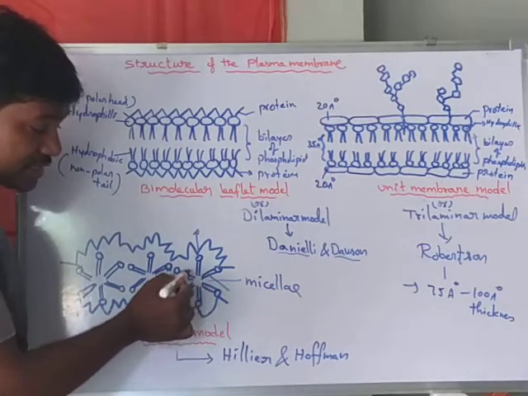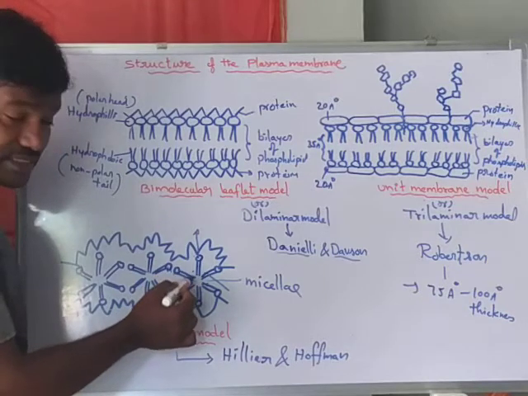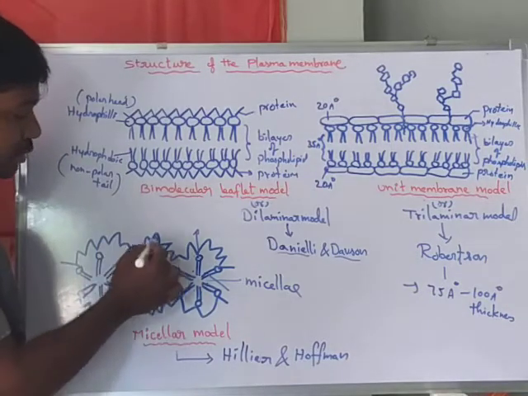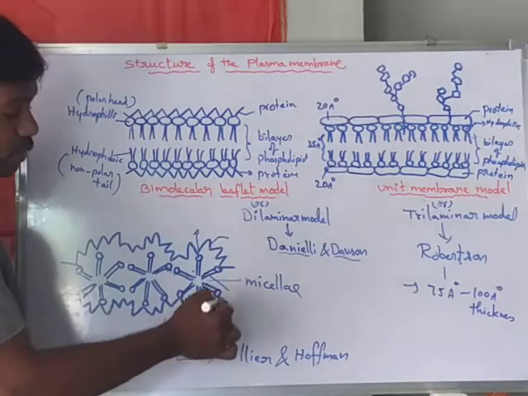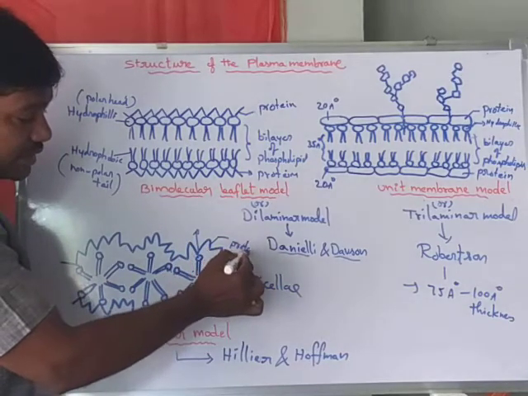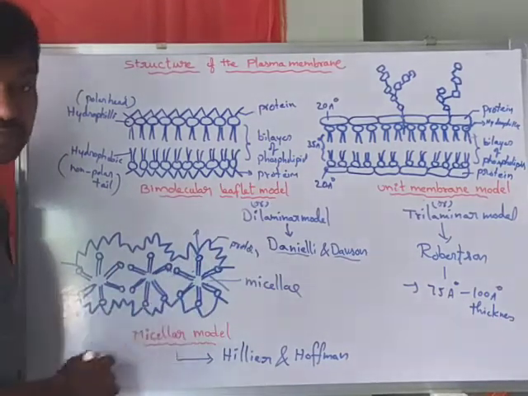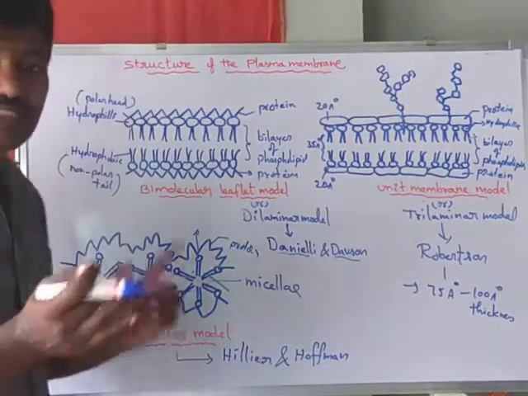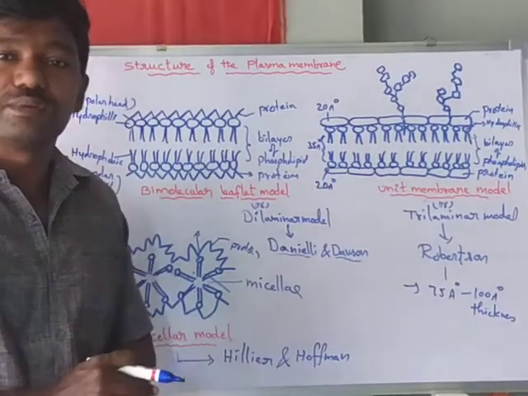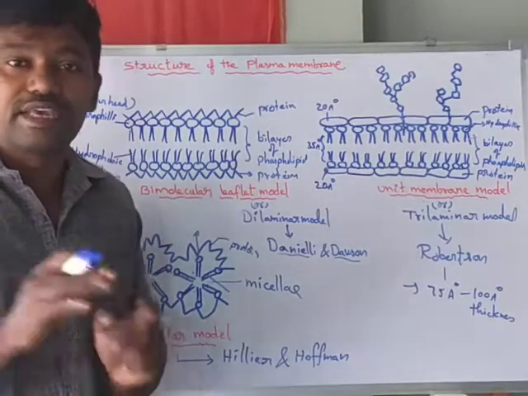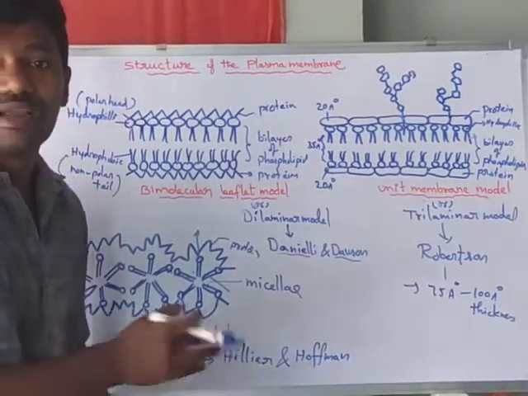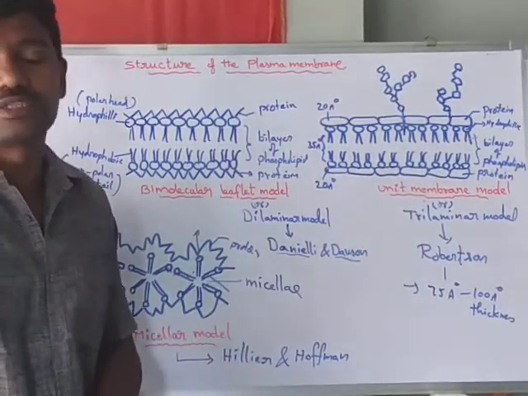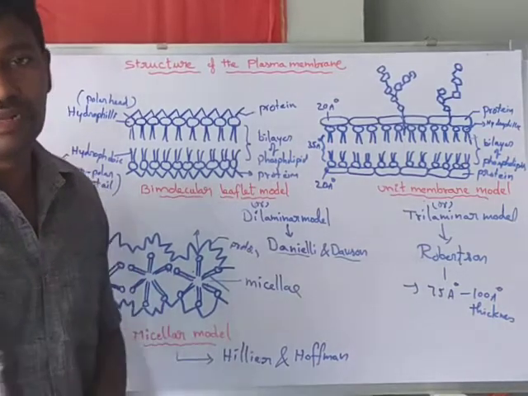This is the protein layer around the phospholipids. But this is also not acceptable, because the plasma membrane is a lamellar model, not a non-lamellar, globular-like structure. So this is also not an acceptable model.